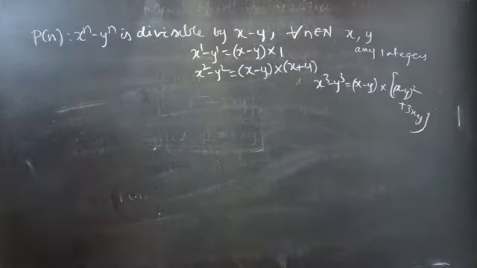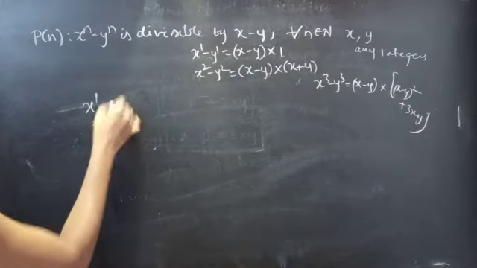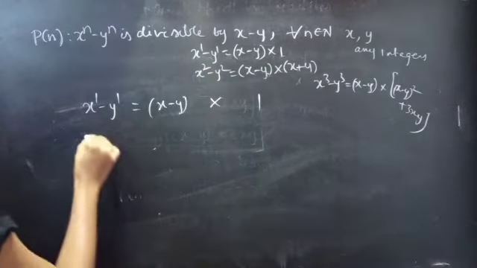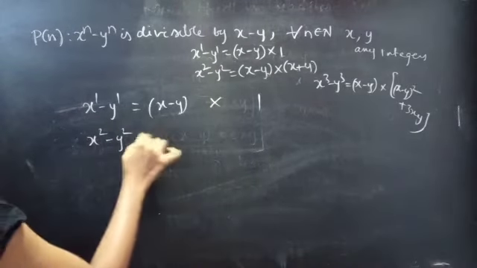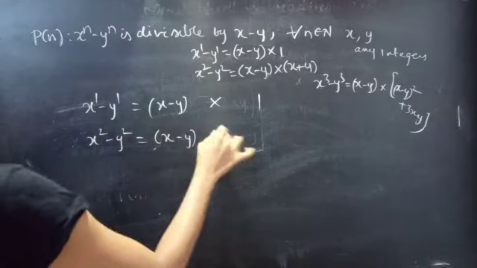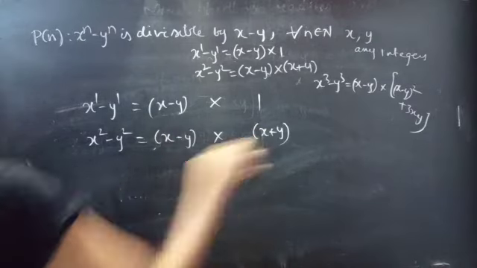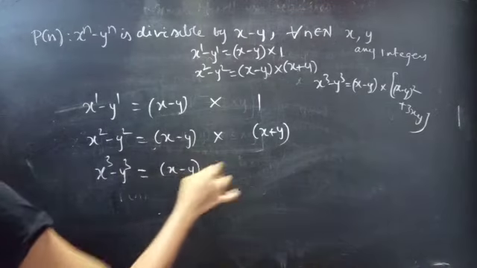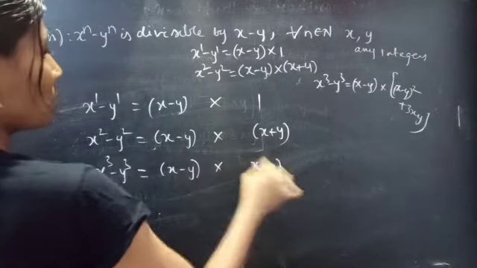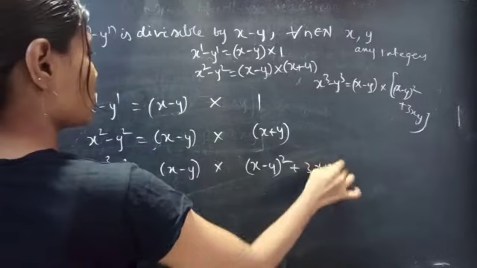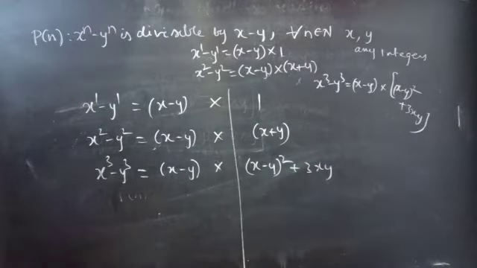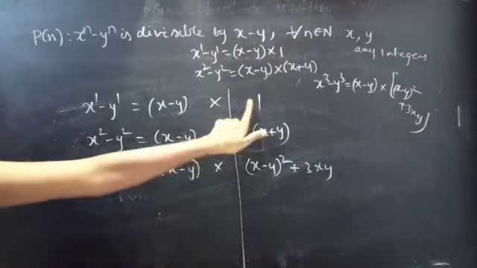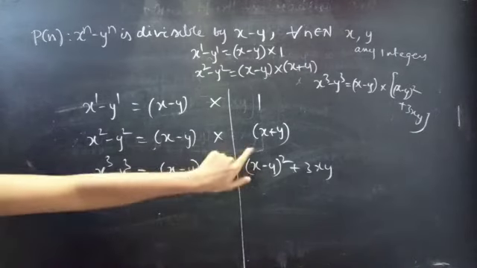When n equals 1, we got x power 1 minus y power 1 equals (x minus y) into 1, and x square minus y square equals (x minus y) into (x plus y). When n equals 3, we got x cube minus y cube equals (x minus y) into [(x minus y) whole square plus 3xy]. So every time we got some multiple of x minus y, leaving quotients, right?